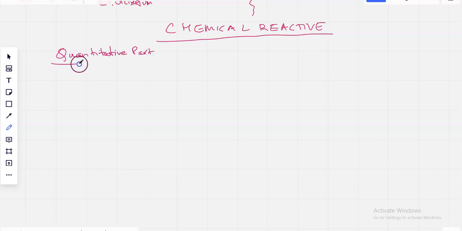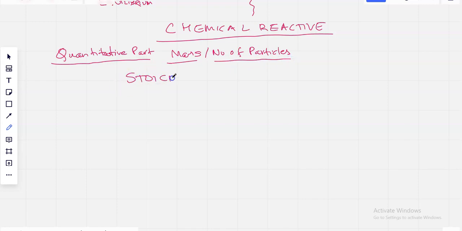So when I say quantitative part, I'm talking about the numbers, the mass, and the number of particles. How are chemical reactions happening? How are molecules reacting in terms of mass and the number of particles? The whole topic of stoichiometry.